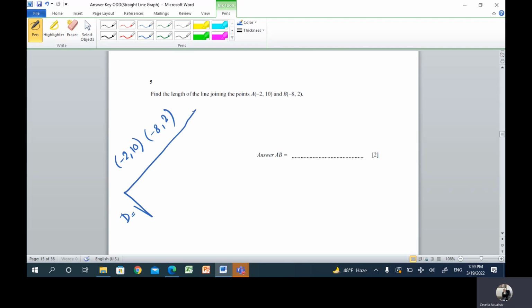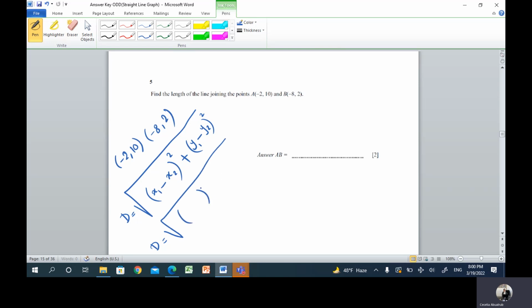So the distance or the length of the line is the same. Square root, bracket to the power of 2 plus another bracket to the power of 2, the difference of x, so x1 minus x2, and y1 minus y2. So D equals, let's substitute now.